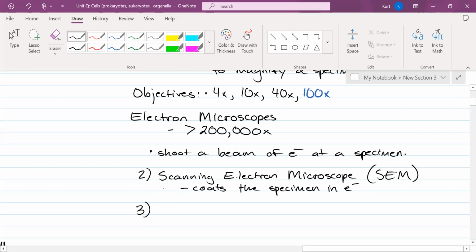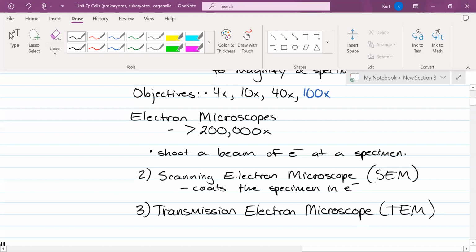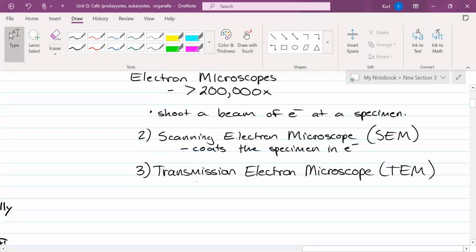And the third type is called a transmission electron microscope, or TEM. Rather than coat the specimen with electrons, a beam of electrons goes through it.